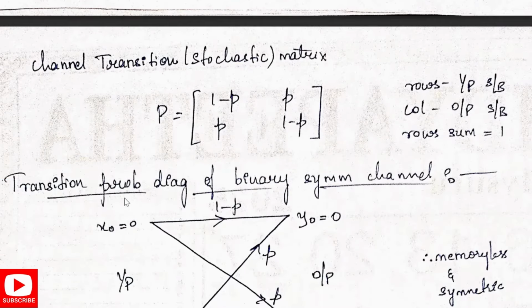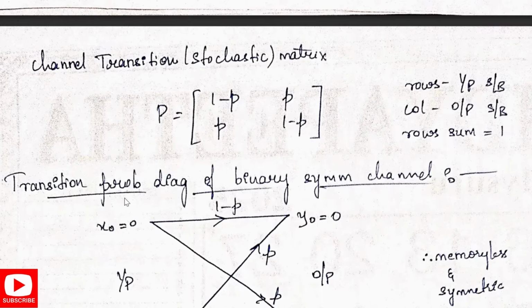Now the channel transition matrix, that is the stochastic matrix, is written as 1 minus P, P; P, 1 minus P. As I said, if we add 1 minus P and P, we get 1, so the row sum is 1. A row has an input symbol and a column has the output symbol.